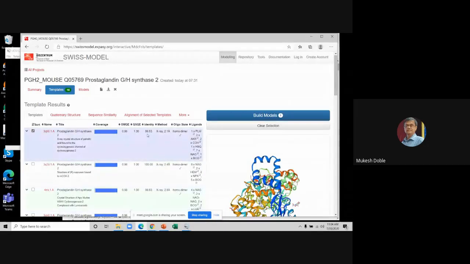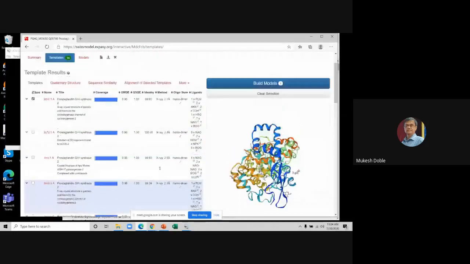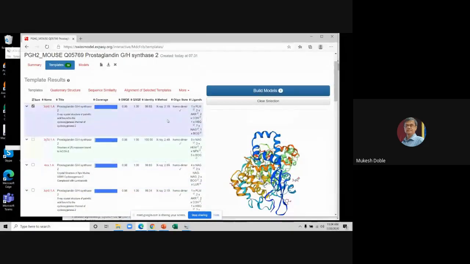You can also see how those proteins were crystallized. Sometimes they use the X-ray crystallography method, sometimes the NMR method, and then the percentage accuracy. The smaller the percentage, the smaller the error, which means the more accurate the structure will be.